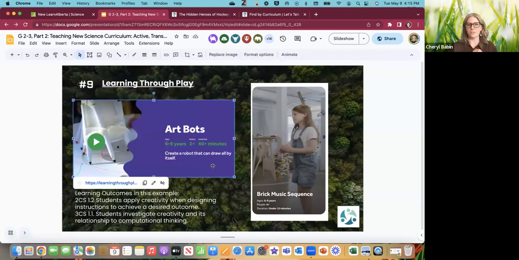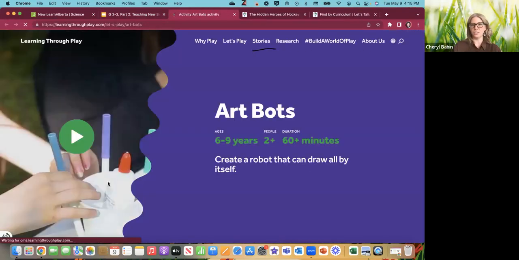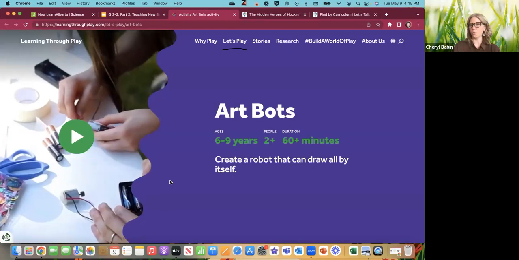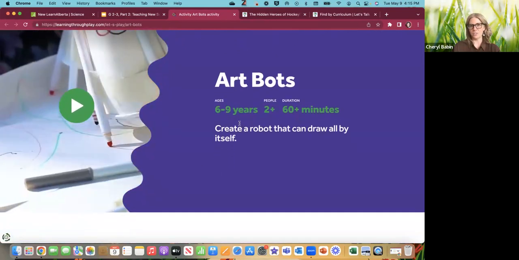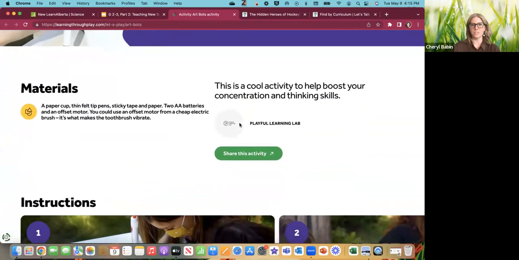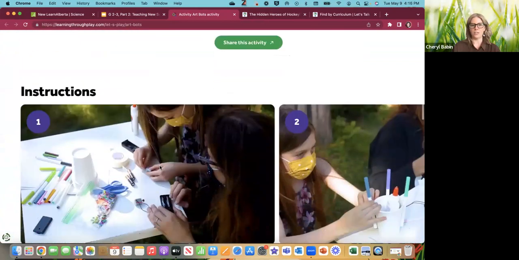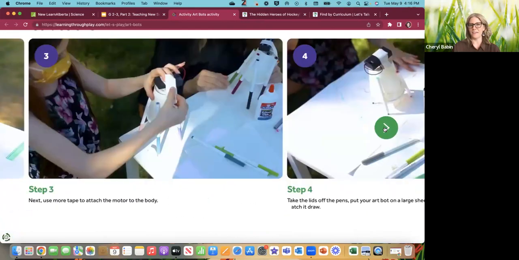So this particular selection is called ArtBots, and it's one that you can use. It walks you through how to create a robot that can draw all by itself. It's tagged for students aged 6 through 9, and it gives you how many people, the materials that you need, and it walks you through step-by-step instructions for how you might create your art bot and what that could look like.